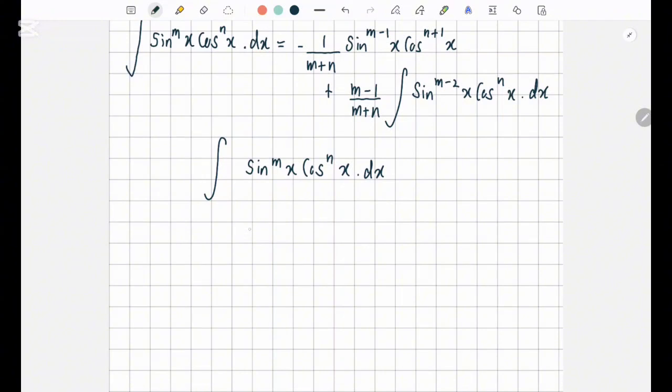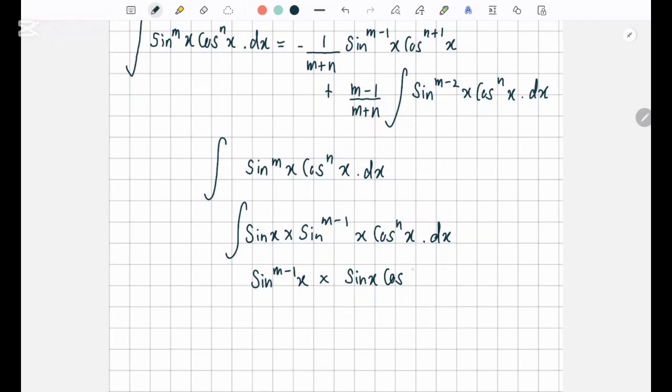I'm going to write sine x into sine x to the power m minus 1 into cos x to the power n. I'm breaking it down like that. Now I write sine x to the power m minus 1 separately, and sine x into cos x to the power n, I write that separately.